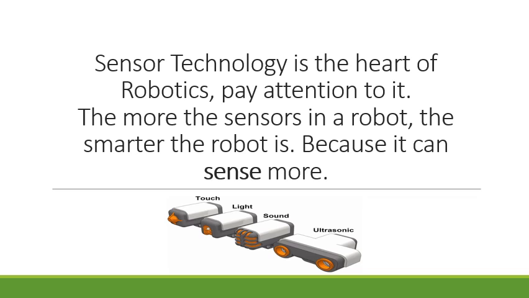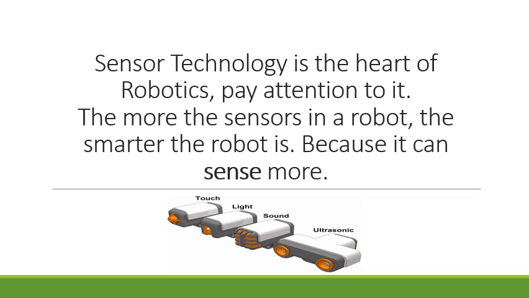I have a few diagrams here to explain some basic things on sensors. You can see the touch sensor. It can sense human touch. Once you touch it, it will send a signal to your Arduino, so you can do whatever you want with it. Then the light sensor, you can use an LDR for this.